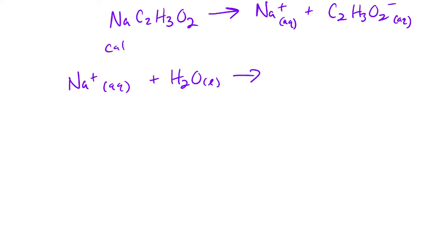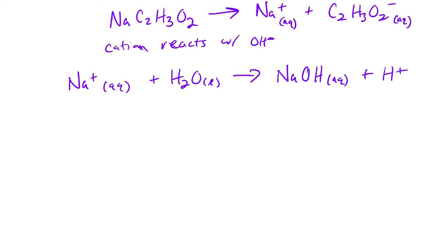Again, we take our cation, see how it reacts with OH minus, and determine if we could have a reaction that takes place. If we end up with a strong base on the product side, that reaction does not occur. So if we do sodium ion plus water, we could, in theory, end up with NaOH, because we're seeing how our cation reacts with hydroxide. And then H plus is the other product.